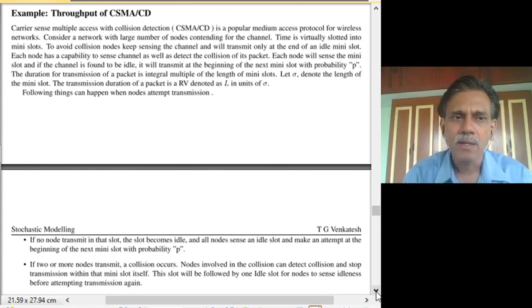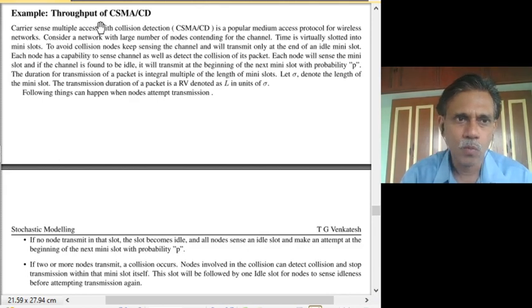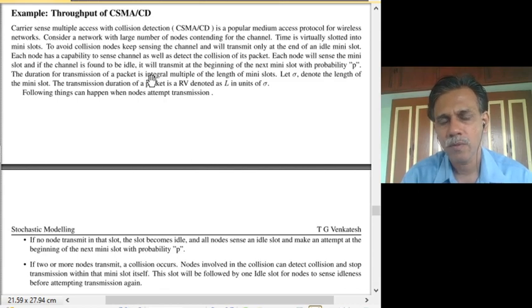To do that, these nodes are usually provided with channel sensing capability. That is where the channel sense S in CSMA comes into the picture. A node can sense the channel and find out whether the channel is idle or busy. That is, some transmission is going on.